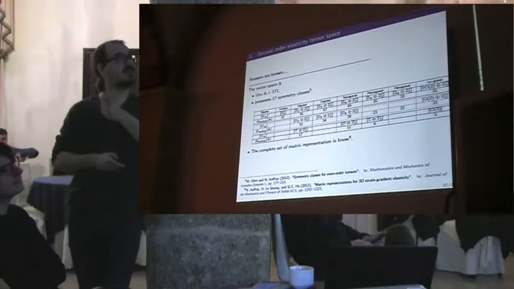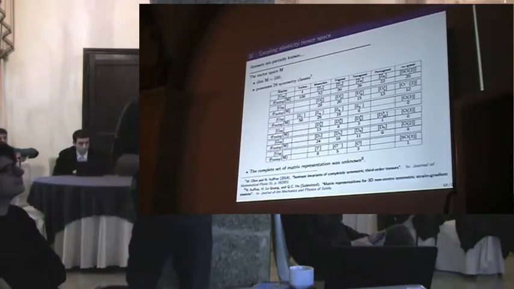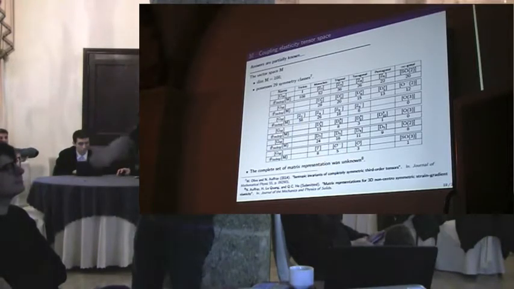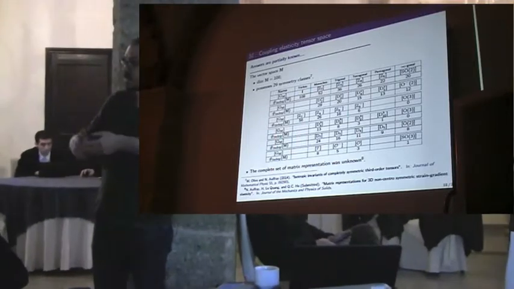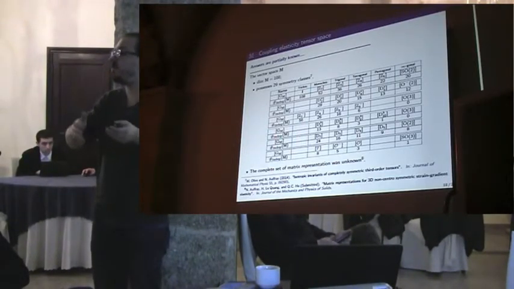But what remained partially unknown were the results associated to the coupling tensor. What is interesting is that the coupling tensor is an odd-order tensor, and the complexity of an odd-order tensor is far greater than the complexity of an even-order tensor.